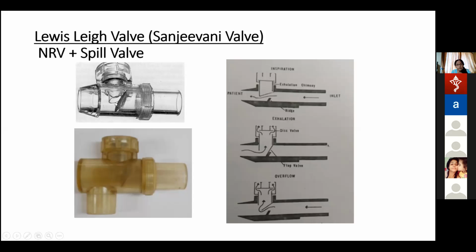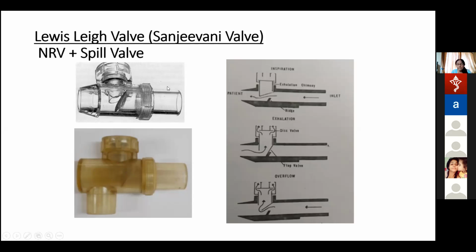No gases can go out. But when will you keep it in such a way that you are not aligning it? Whenever you're using it for spontaneous breathing. Because in spontaneous breathing, the patient's inspiratory effort will draw in gases, right? So there is no question of gases going out. During exhalation, the flap will always come back. Exhalation will occur.